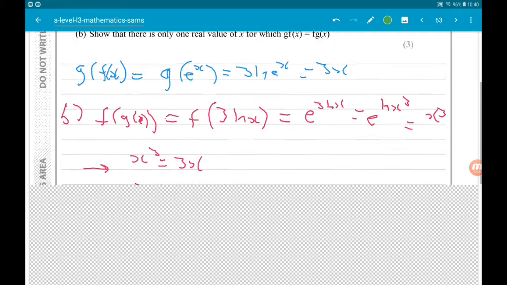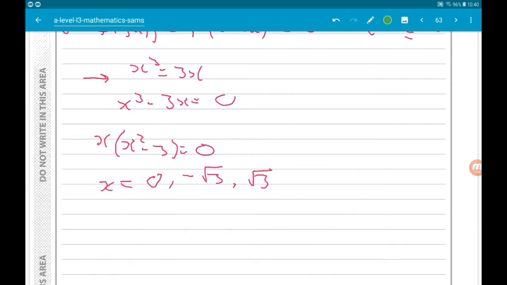So x cannot be 0 or minus root 3. So x is only positive root 3. Cool.